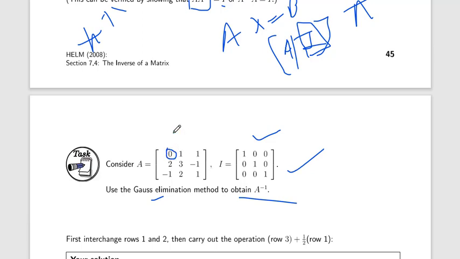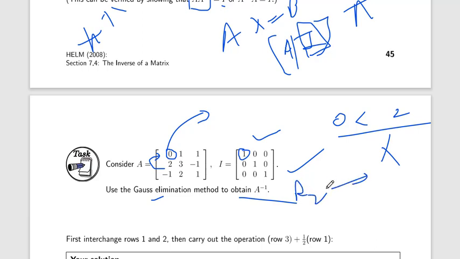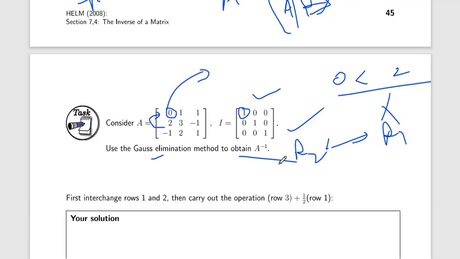If we want to transform this matrix into the identity matrix, we want a 1 here. So first we will swap the rows, like partial pivoting. Here 0 is less than 2, so we swap the second row and the first row. Okay, we can do that. So let's start with the first.